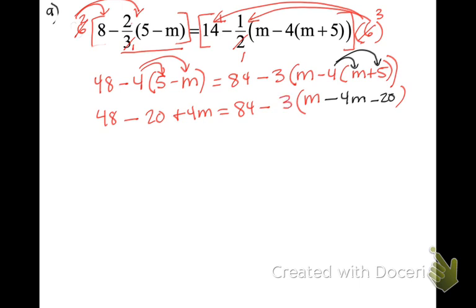I'm not distributing that at this time because I had to first clear out inside. Now I'm going to distribute it. Everything else I'm going to write down, right? I'll bring the 48 down, minus 20. I could combine my like terms there on that side. So this side's a little bit ahead. So that would be 28.